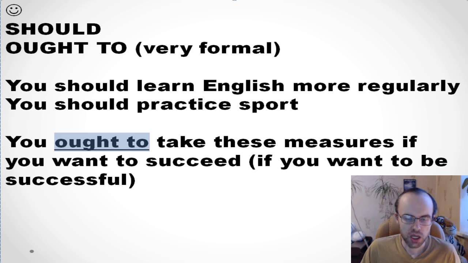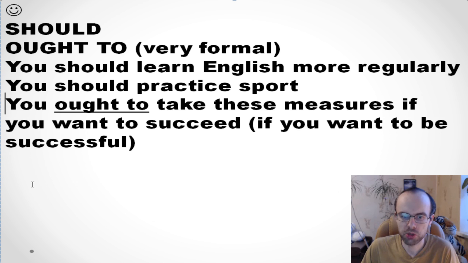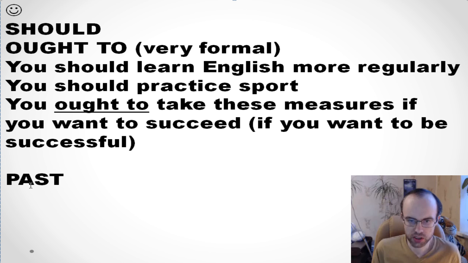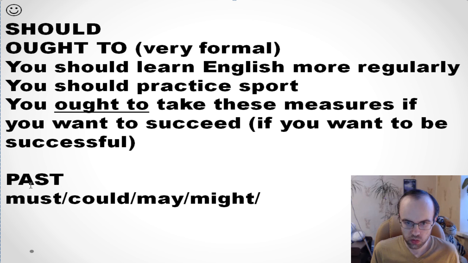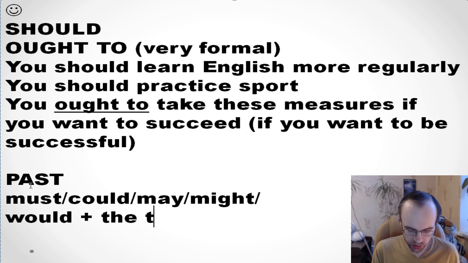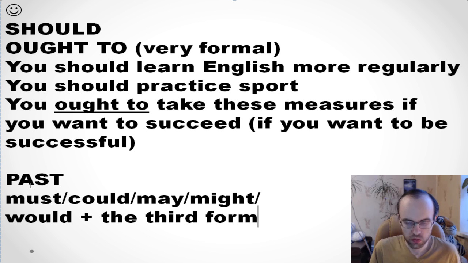Okay, and you know, if we are talking about the past, you can use must, could, may, might, would, plus have plus the third form.